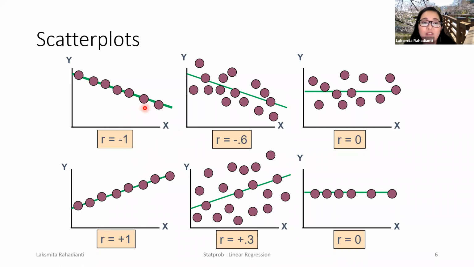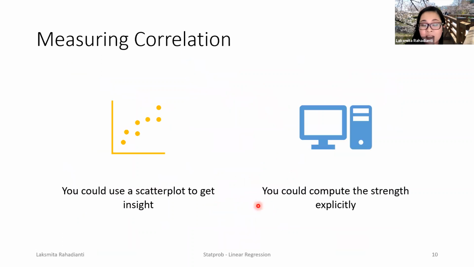You also know that if it goes closer to a line, just like these ones on the left-hand side, you know that it is a stronger correlation. But if it's more spread out, like the ones in the middle, it's a little less. The strength is less because it's not a direct linear line. So that is the insight that you can get from the scatter plot.